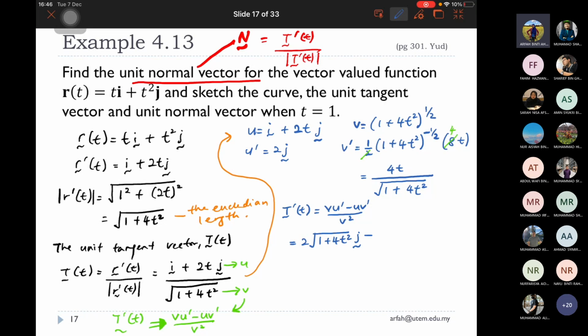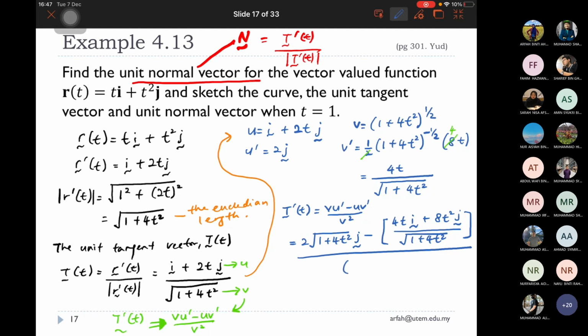That means this one will become 4t i tambah 8t kuasa 2 j, per dengan square root 1 tambah 4t squared. Okay. And all of this dibahagikan dengan v kuasa 2, so 1 tambah 4t squared kuasa 2. So dia jadi kuasa 1.